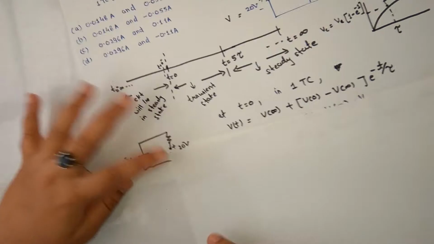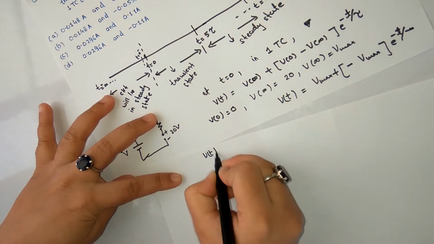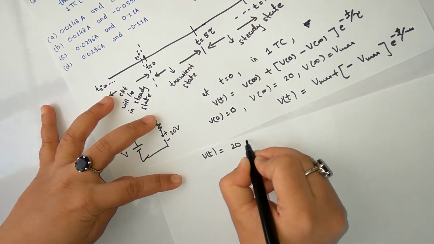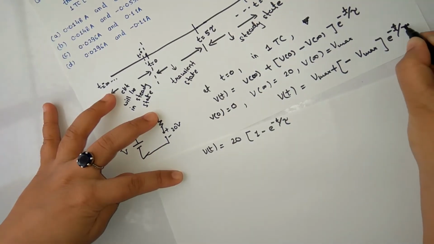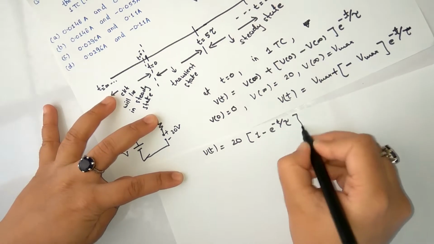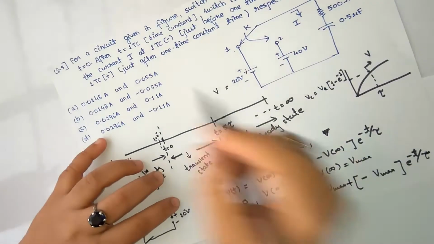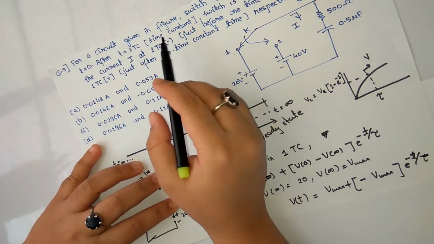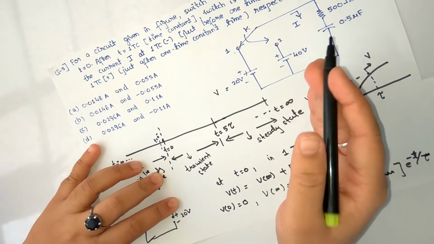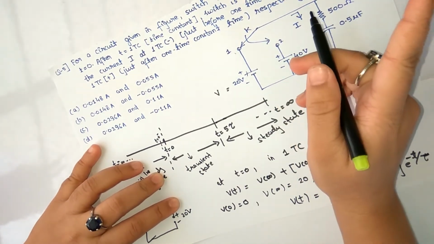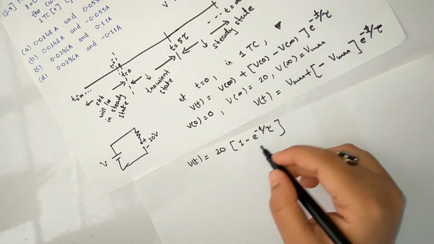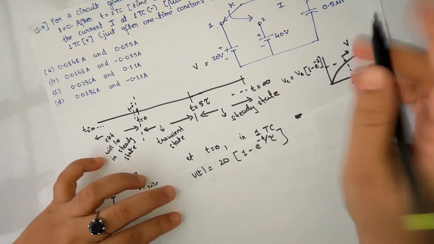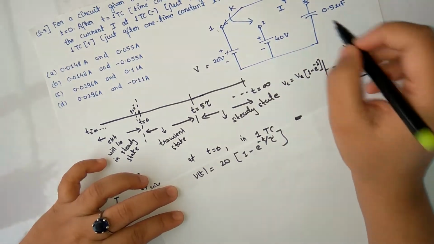So V of t is equal to 20 times 1 minus e to the power minus t by tau. This is tau, and what we have to find is the current at just before one time instant. So let's first find the voltage, that is, up to one time instant, how much the capacitor is charging.